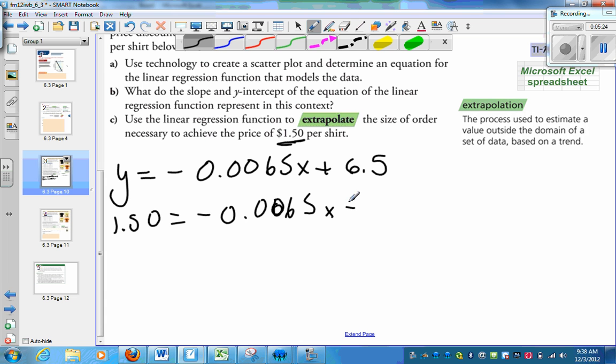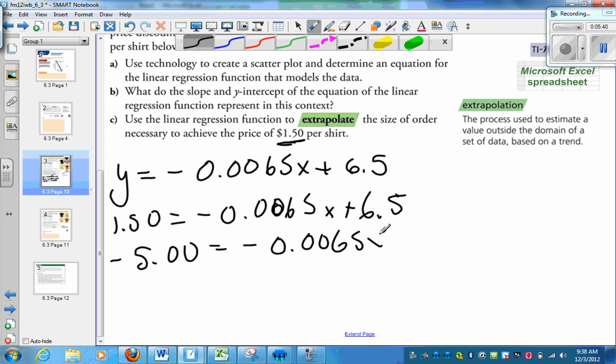I subtract $6.50 from both sides. I get negative $5 equals negative 0.0065x. I divide both sides by negative 0.0065.